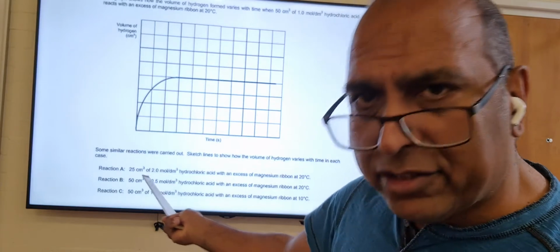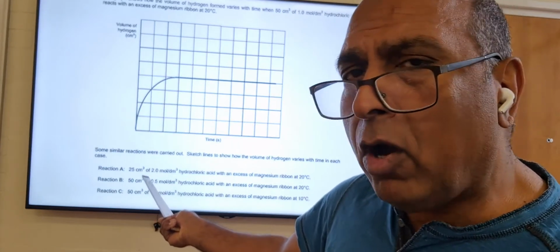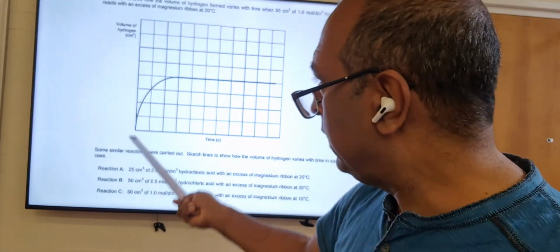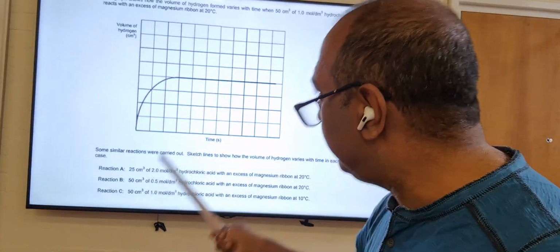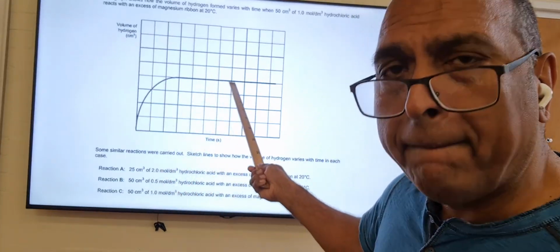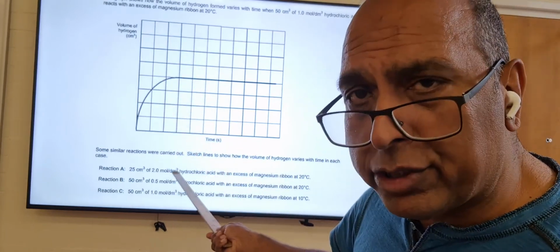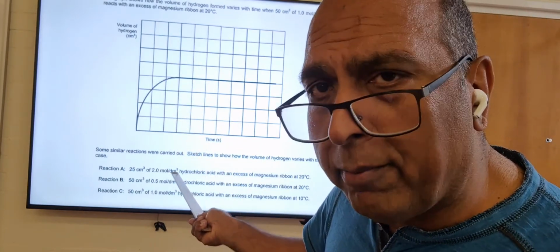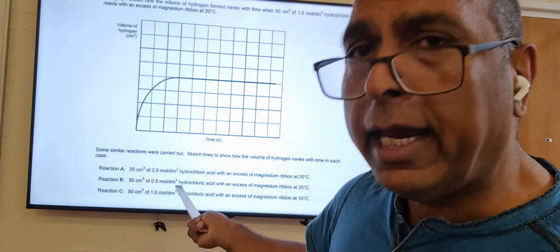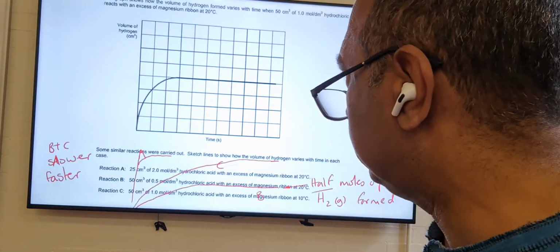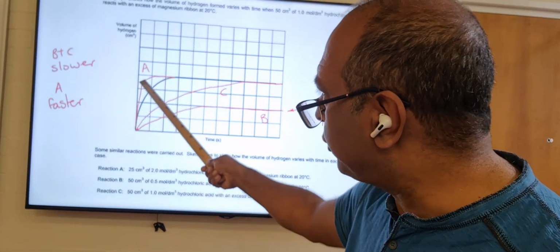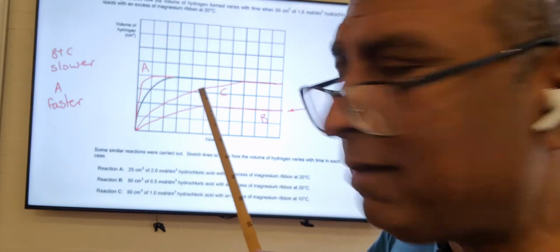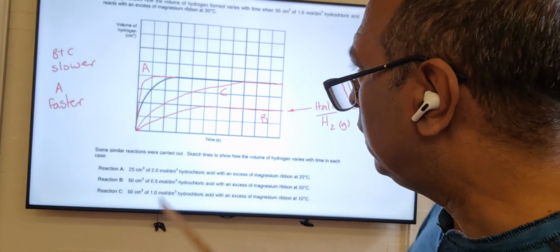That will be a faster reaction. Not only have you got to think it's faster, where will it end? It will end at the same point because you've got the same quantity, so you've got the same number of moles of acid in total present. So A is that curve there. Faster reaction, but levels off at the same value.